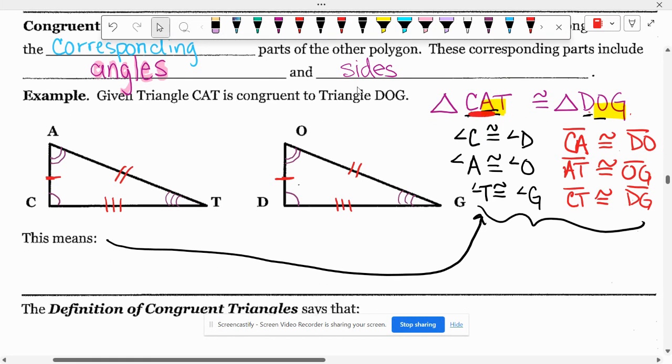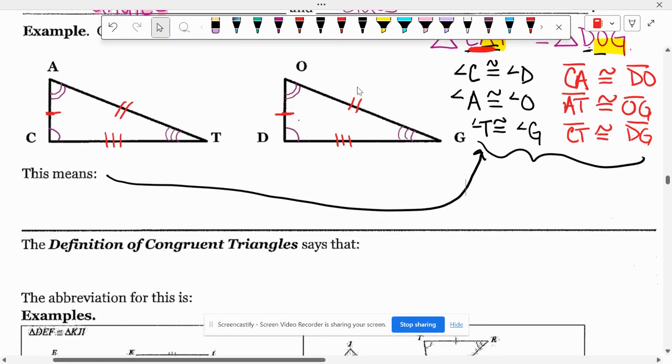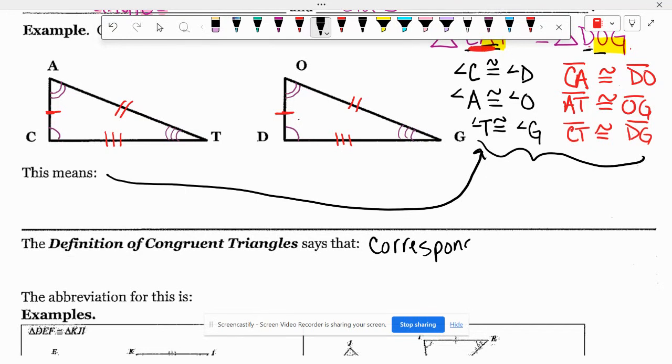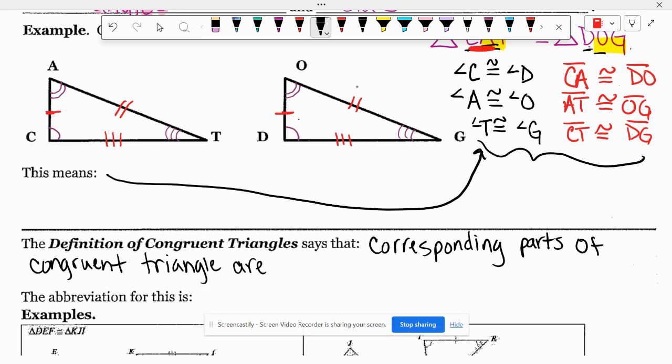All right. So the definition of congruent triangles says that the corresponding parts of congruent triangles are congruent.